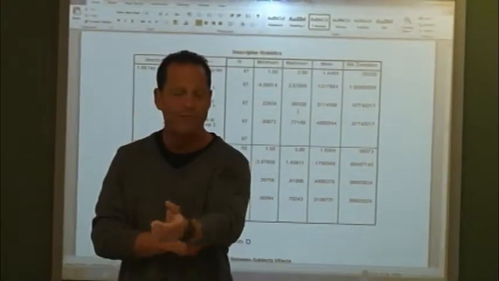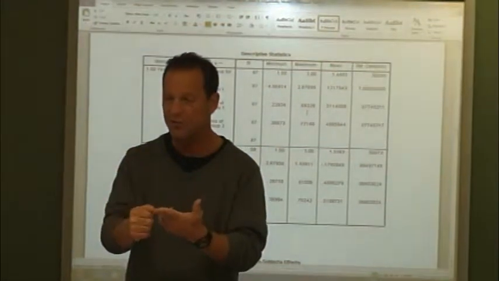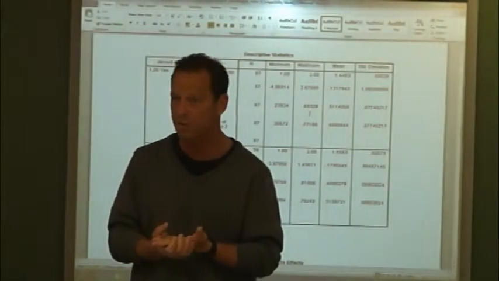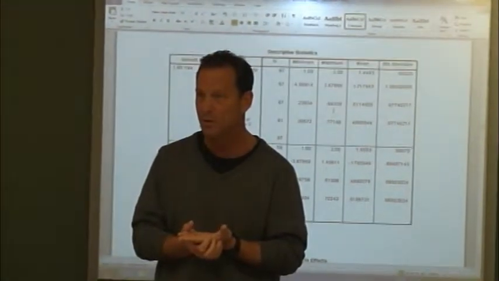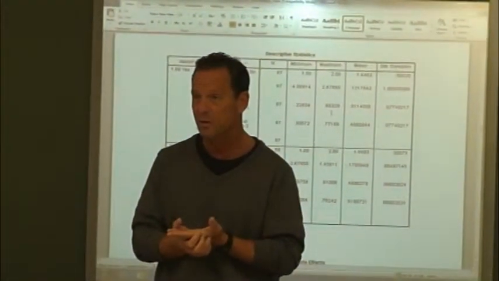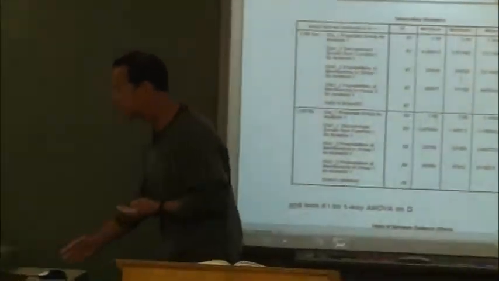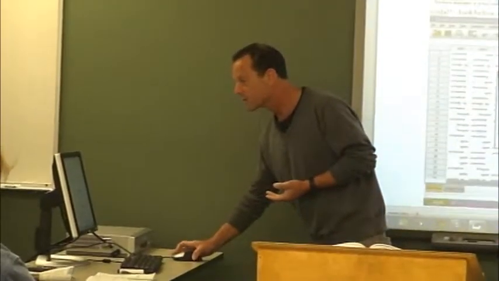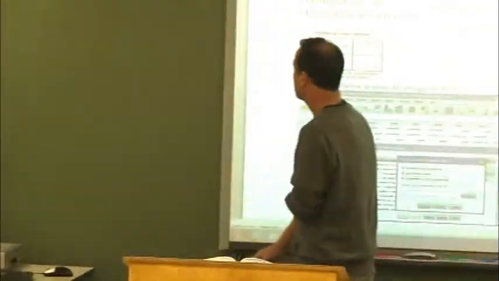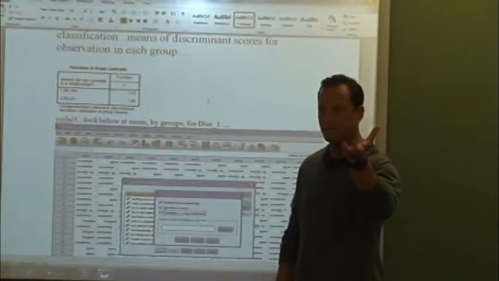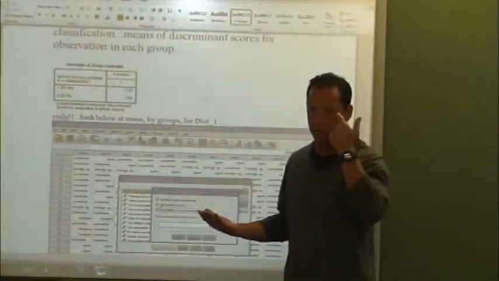I may have a 4 on diet, a 3 on exercise, a 2 on self-efficacy, and then I can get what's called a predicted discriminant score for that individual. And then I can get one group's average of their discriminant scores and the other group's average.